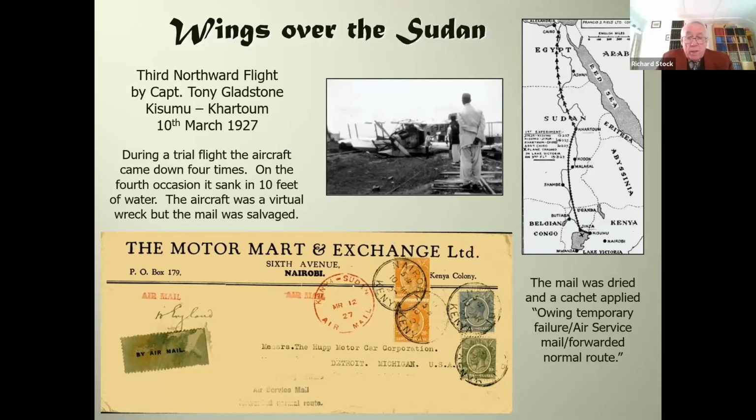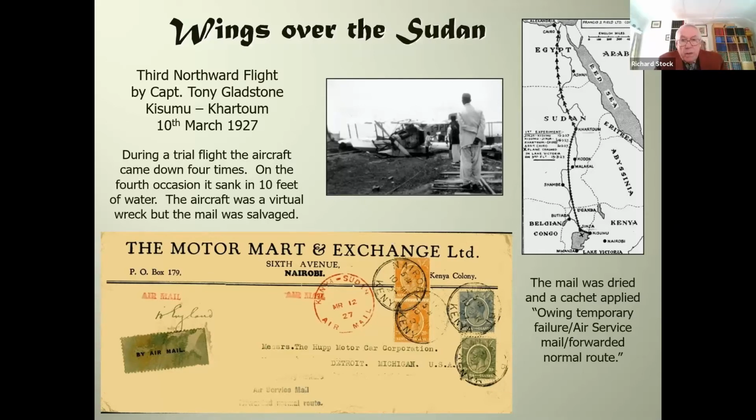This is made up, obviously, of some text, a map showing the route down East Africa from Egypt through the Sudan and down to Lake Victoria. A photograph of the aeroplane having been dragged from the water, and then one of the covers that was rescued with the cachet, or part of the cachet on it.